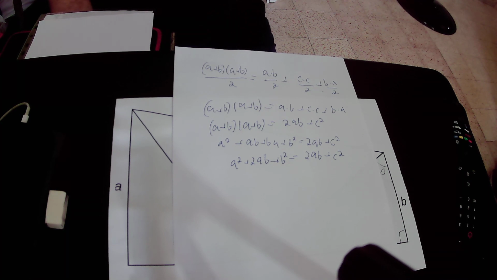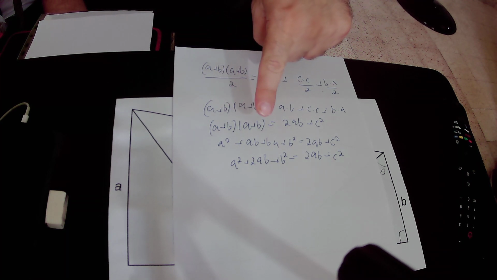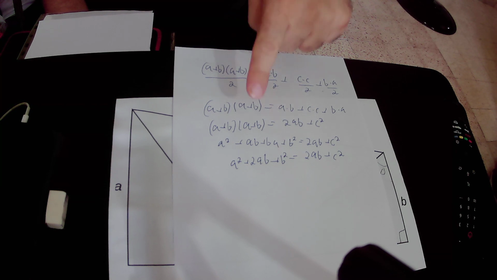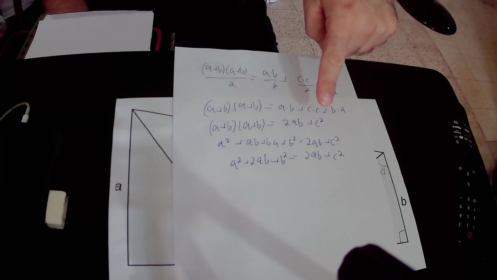So we have A squared plus 2AB plus B squared equals 2AB plus C squared.